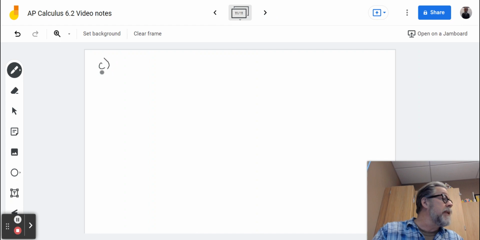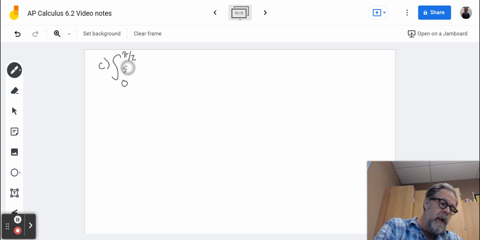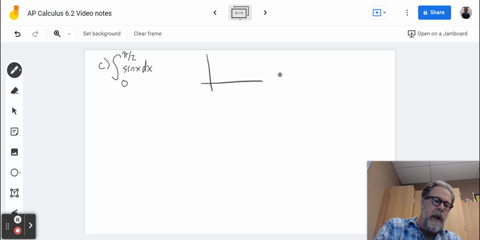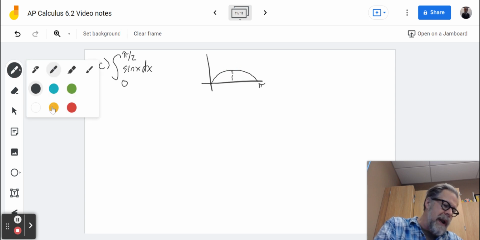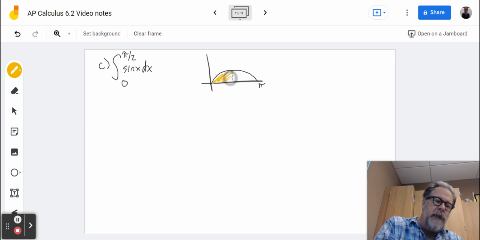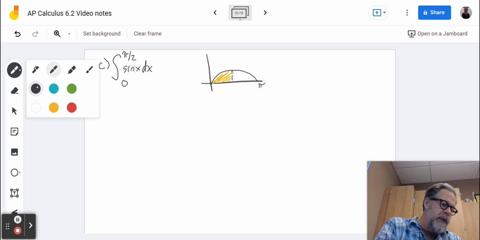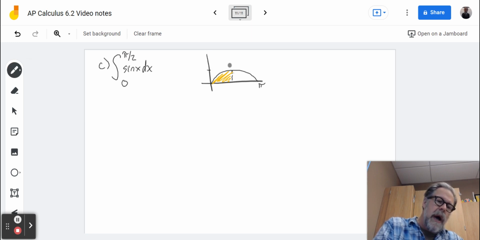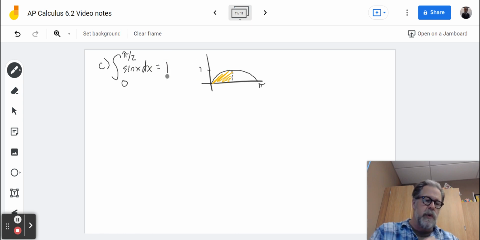Okay, how about this? Let's just take half of it, 0 to pi over 2. This will be a little uninteresting, but let's do it anyway. Here's 0 to pi. We know that this is 2, and we only want to look at half. Since sine has symmetry in each of its waves, that must be half of 2, which is 1.